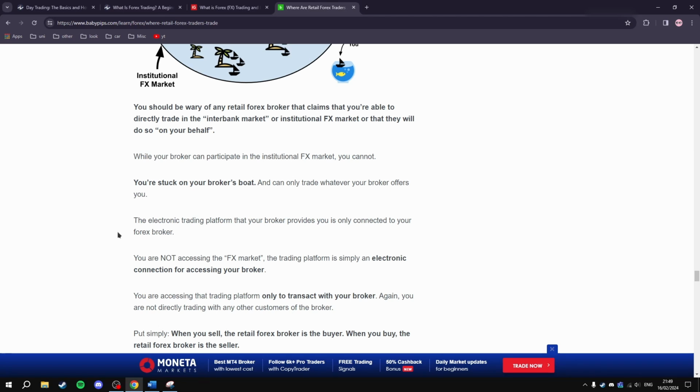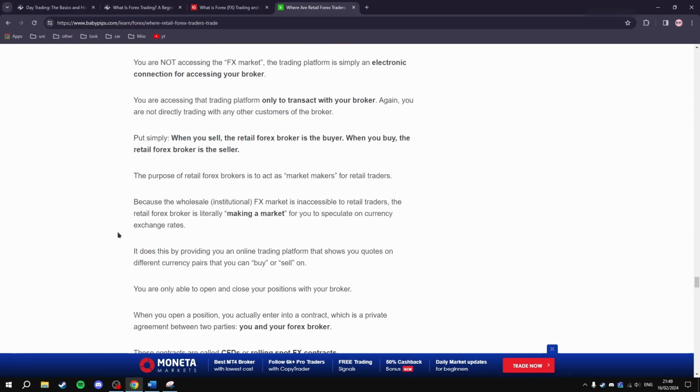The electronic trading platform that your broker provides you is only connected to your forex broker. You are not accessing the FX markets. The trading platform is simply an electronic connection for accessing your broker. You are accessing the trading platform only to transact with your broker. Again, you are not directly trading with any other customers of the broker.